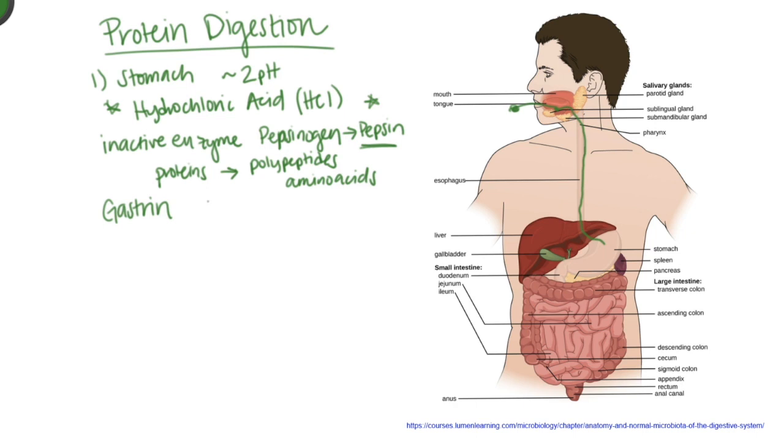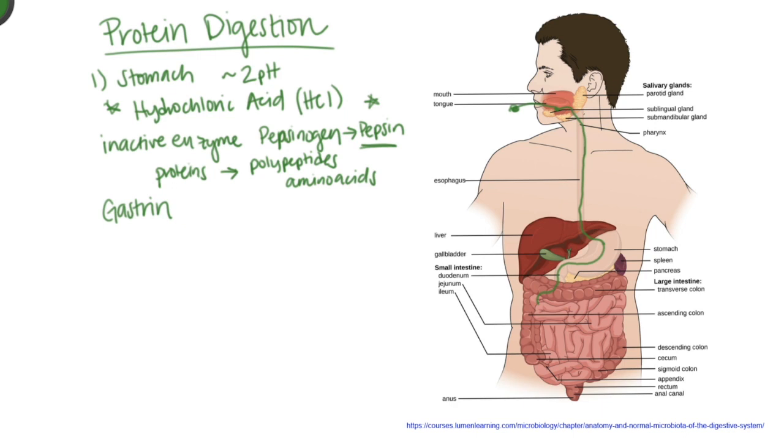So this gastrin will say, okay, there's food here, now we need to get going, make some hydrochloric acid, and then also start the release of the pepsin once we've seen it become activated from the pepsinogen. So at this point, once we're done with the stomach, you'll see it pass through the stomach and dump into the small intestine. And at this point, we kind of have polypeptides and maybe a few amino acids floating around.